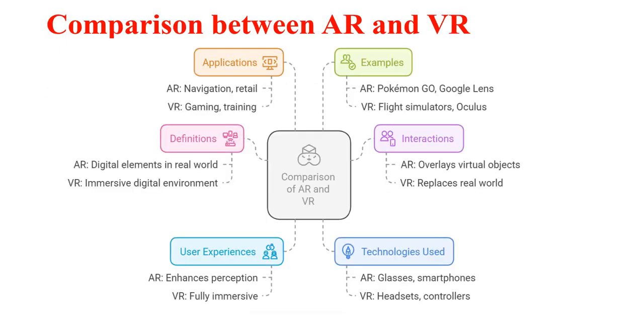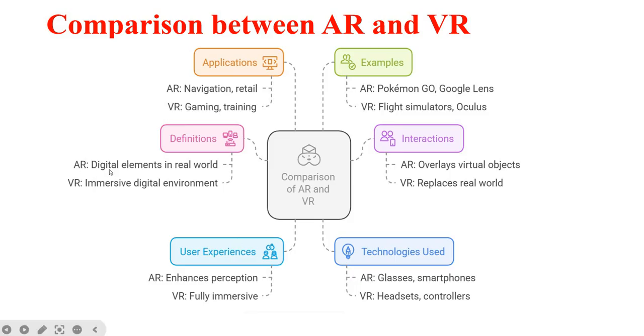Then you have the comparison between AR and VR. First, with respect to the definition, augmented reality adds digital elements to the real world environment, whereas virtual reality fully immerses the user in a digital world.